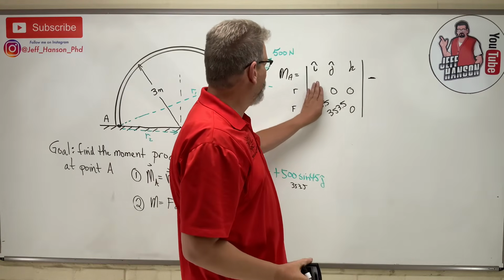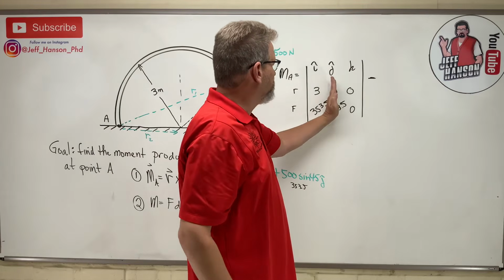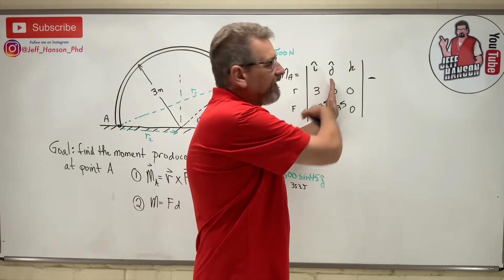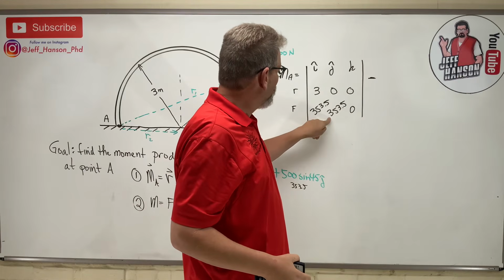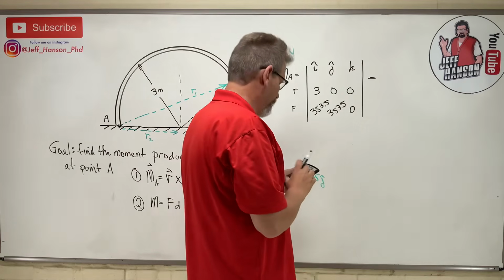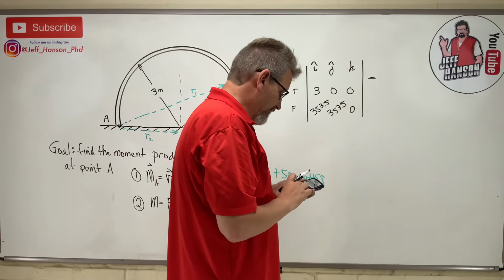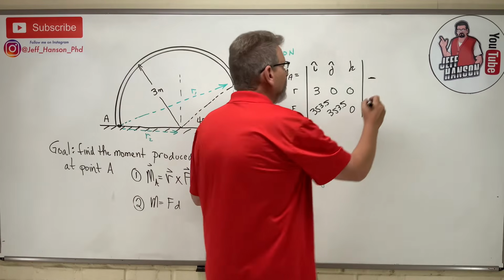Remember, i hat, cover up the i, and you get 0 minus 0. Cover up the j, and you get 0 minus 0. Cover up the k, and you get 3 times 353.5 minus 0, okay? So 3 times 353.5 is 1060.5.